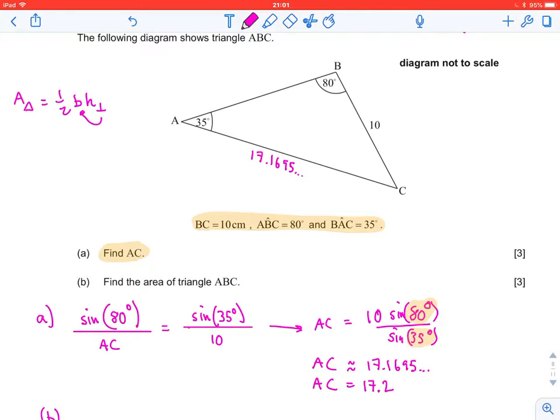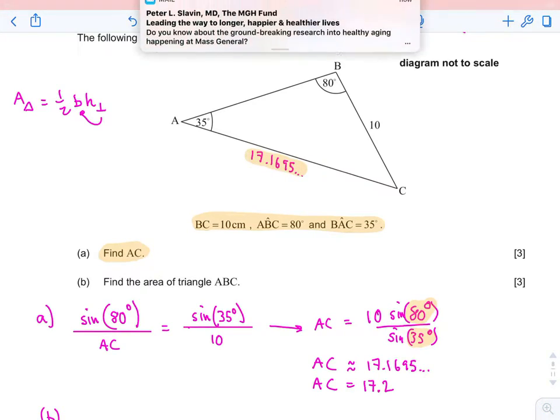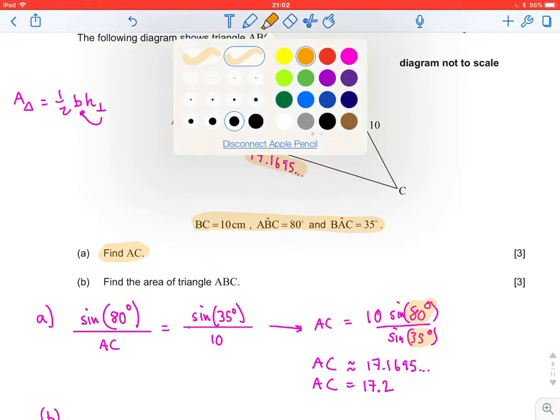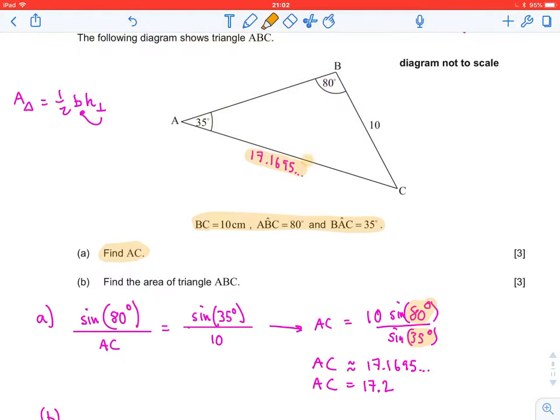So in this particular triangle, if we wanted to know the area of this triangle, what we would need to do is, well, we have this base here of 17.1695 and so on, goes on forever. The height that we're talking about is really this right there.